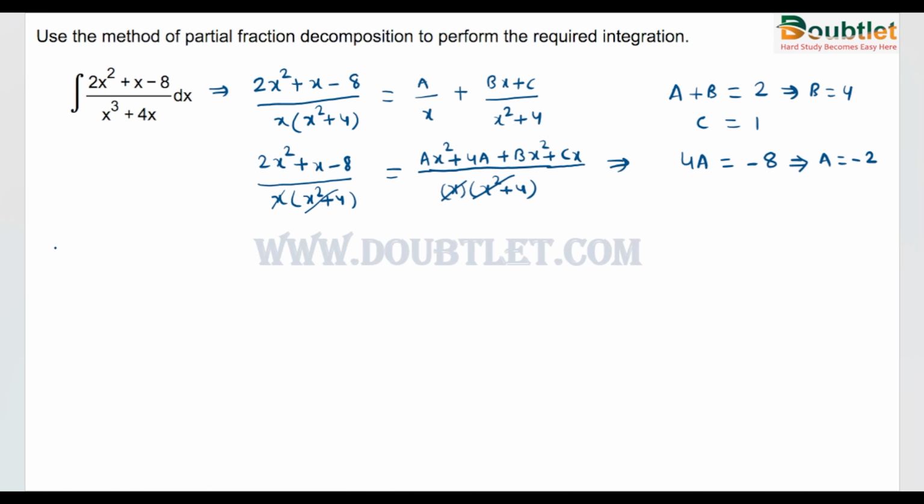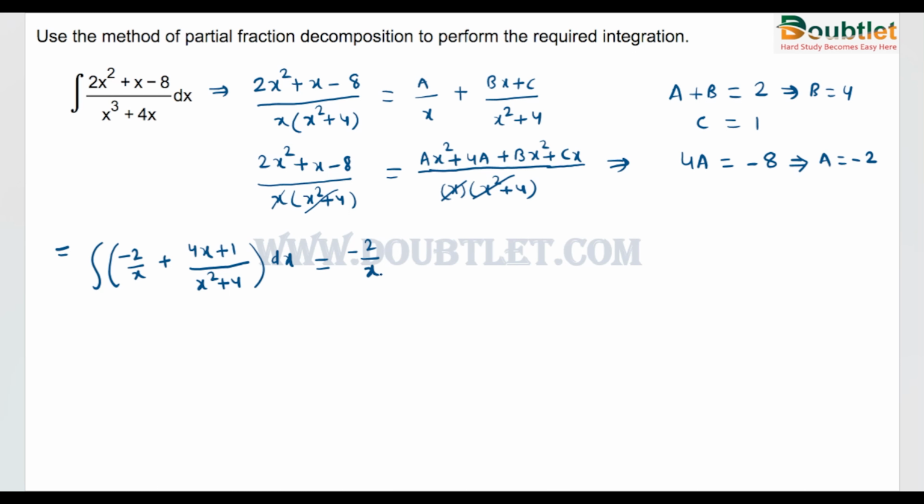So now the function is decomposed. We can write this function as the integration of minus 2 divided by x plus bx plus c, where b's value is 4, so 4x plus 1 divided by x square plus 4, times dx.